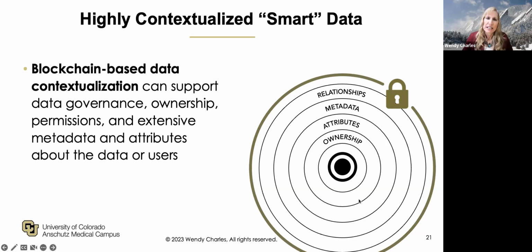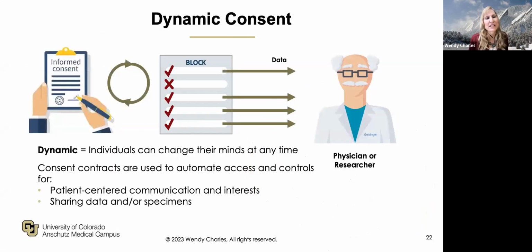In fact, some organizations are creating blockchain-based data objects that also capture ownership, which can be legal ownership, but most often it's more about control and which individual or organization has the authority to share information or change information. And we can add a lot more attributes, metadata, and relationships to really understand and get more out of the data that we manage. What I love about this particular feature is that it enables provenance for clinical research. I'll talk more about that in a minute.